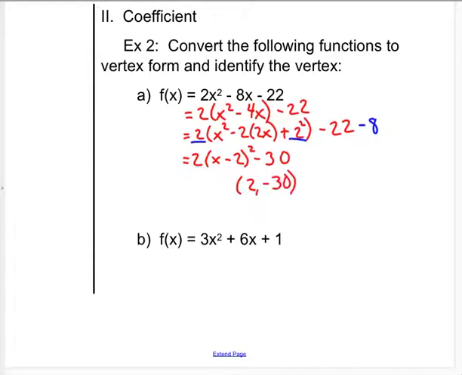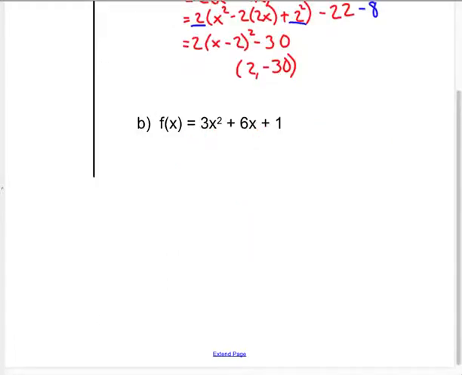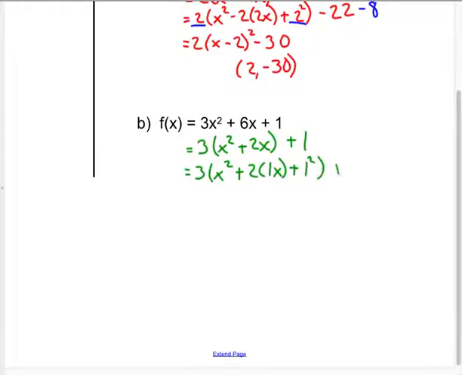In my second example, same process. I'm going to factor out the 3 from just the x squared and the x term. My plus 1 is not used to complete the square, so that's just going to go outside the parentheses. Completing the square pattern inside the parentheses, I have a 1x left, so I'm going to add 1 squared.